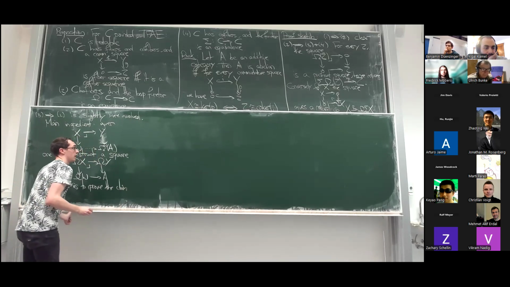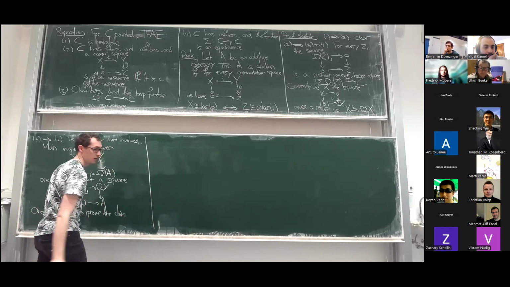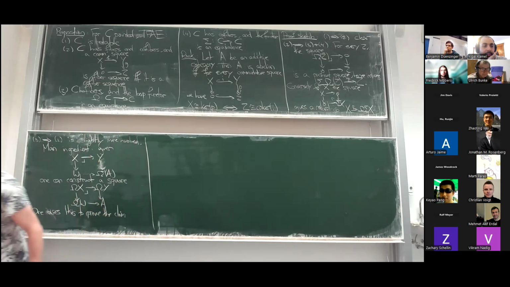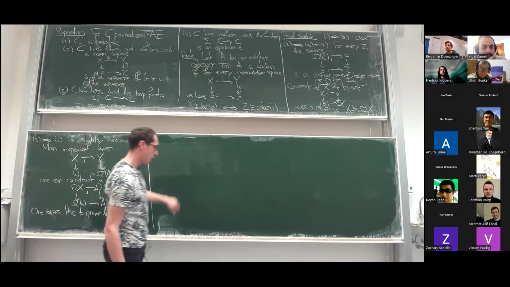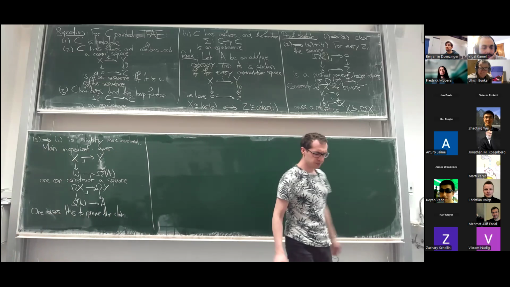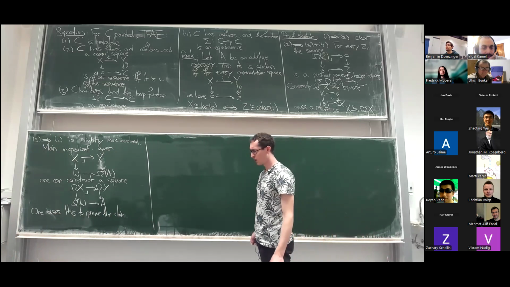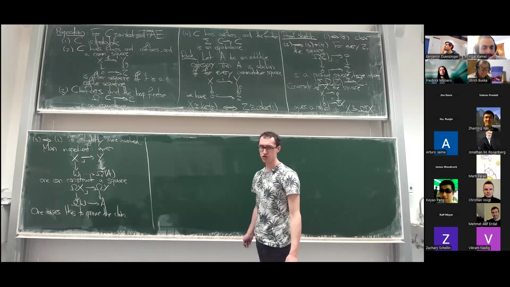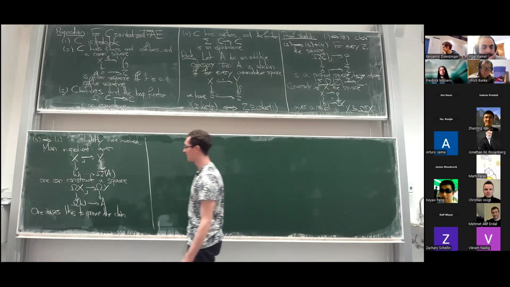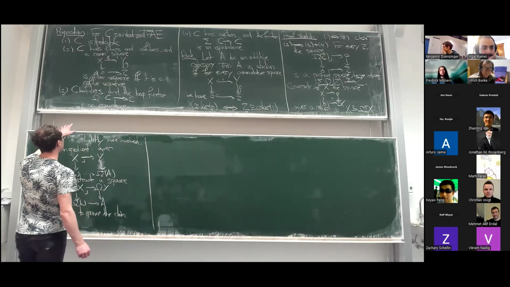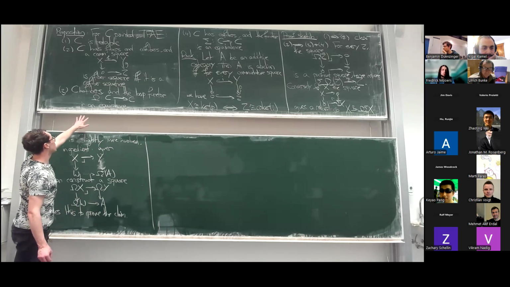Okay. Is there any characterization of stability that only requires the existence of loop and suspension and some properties that they satisfy? I'm not sure. I mean, it is very close to this, right?